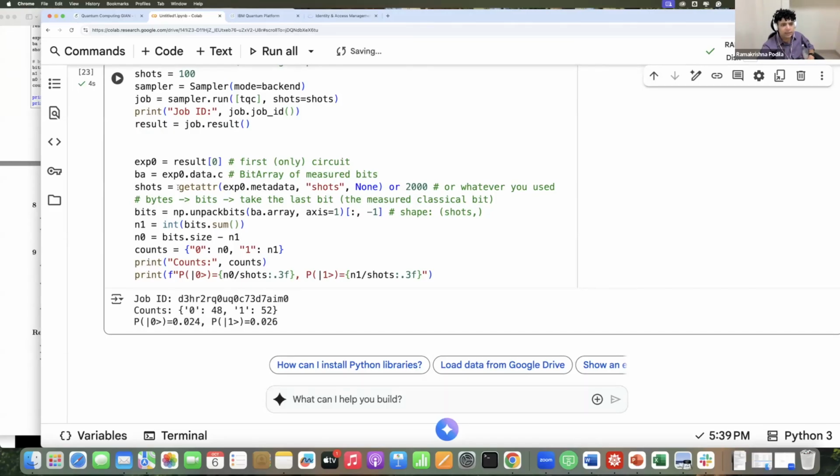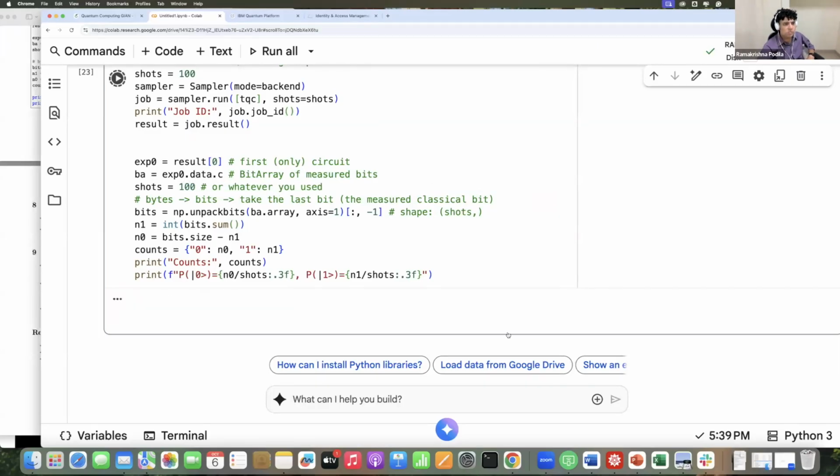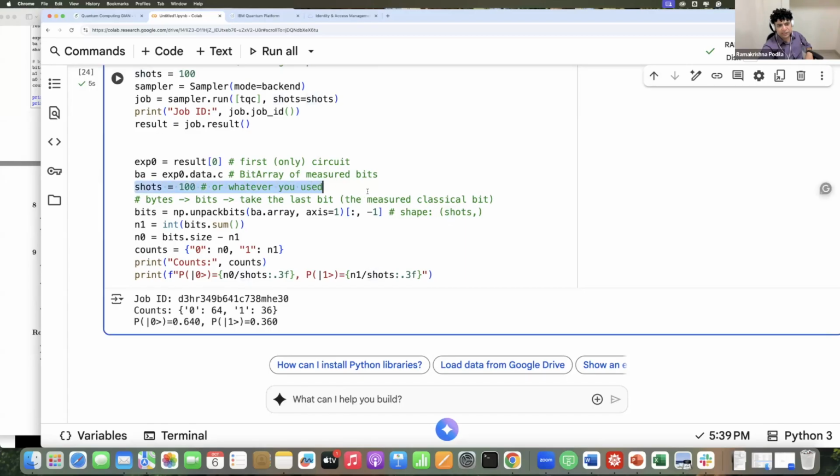Okay, so let's remove this part. Yeah, so in that shots, I was trying to get it another way, but if you just change here this part, I highlighted it on the screen.